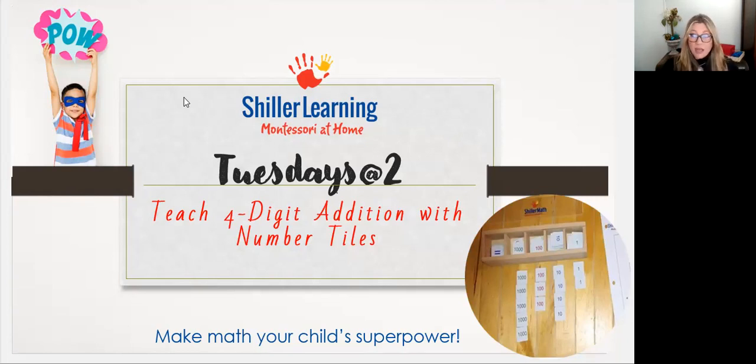Once the child achieves competency and closure with that skill at that level, it's time to progress them to the next stage, which would be doing dynamic addition with those materials with the exchange. Once they master that, then we're going to want to transition them to this next phase using the number tiles.